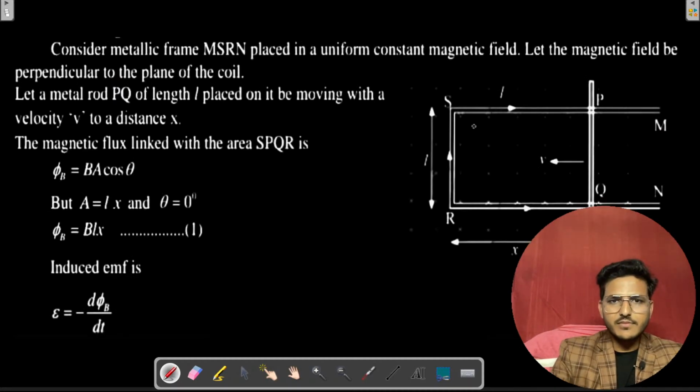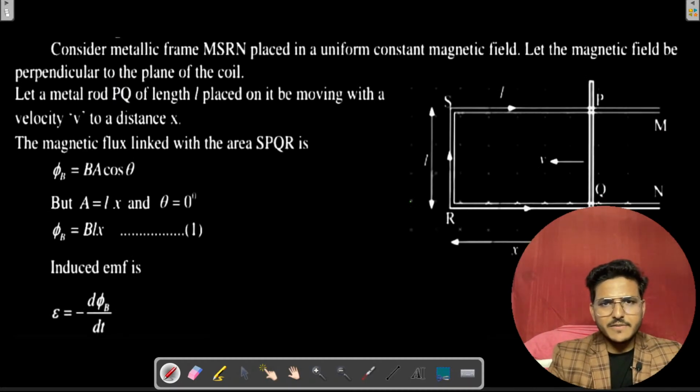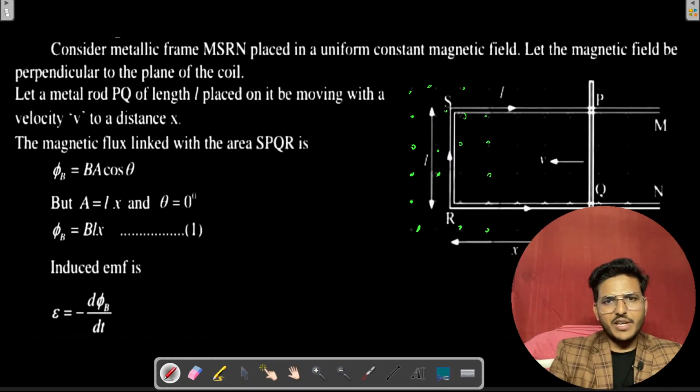I'm considering a uniform magnetic field. Just treat these dots as the uniform magnetic field outwards.